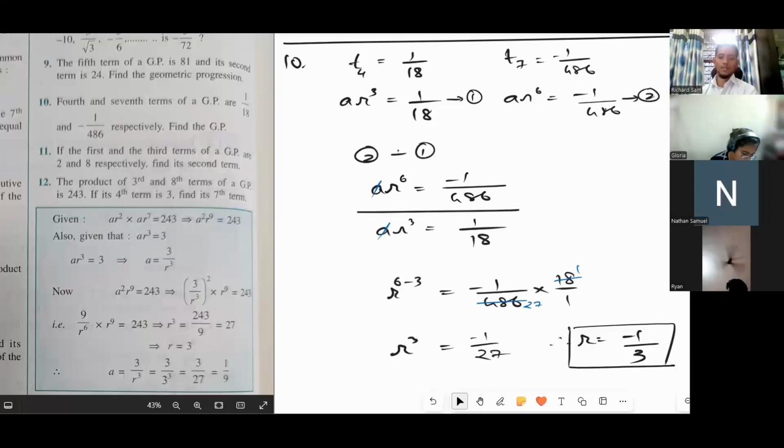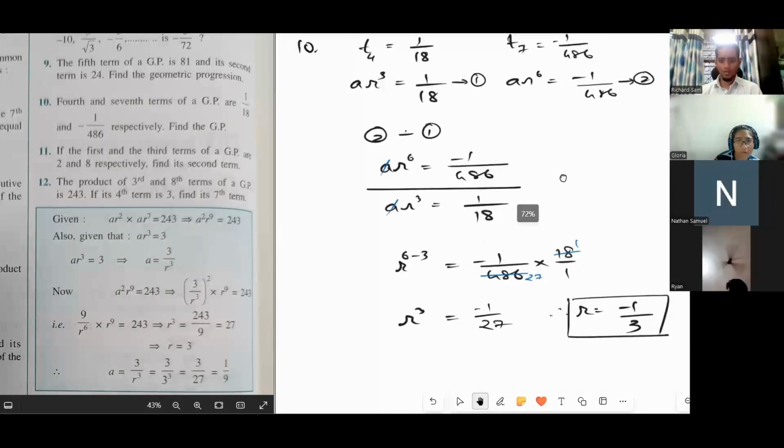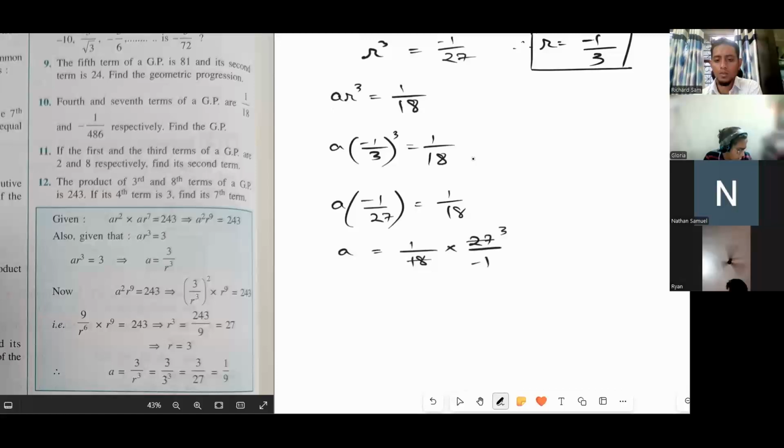Cube root of 27. Okay, so we got R. Now we need to find A. Did anyone get A? How do you get A? You substitute this value of R in any one of the equations and find A. Put the minus on the numerator. So minus 3 upon 2.